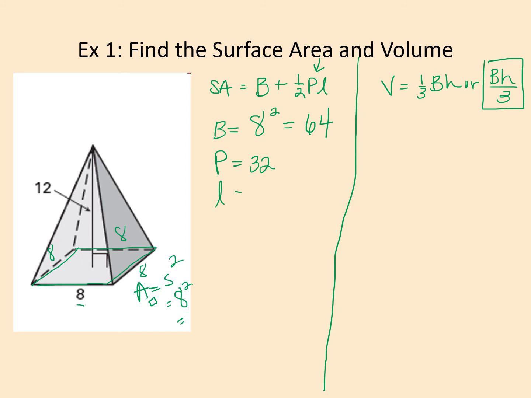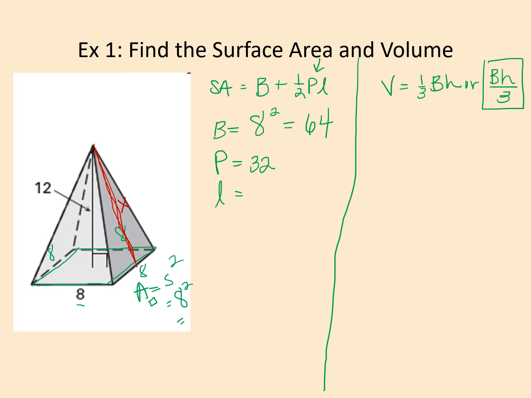The last letter we need to find to help me find the surface area is L. And again, L stands for that slant height. The slant height goes from the tip to the center of one of our sides. Now you might be thinking, well, that's not given to me in this example. That's unknown, so we have to do a little bit of work to find it. Without me explaining why, I'm going to draw in something here.